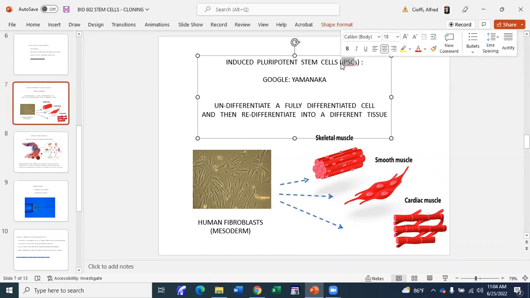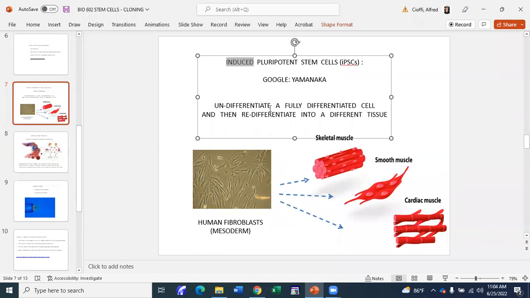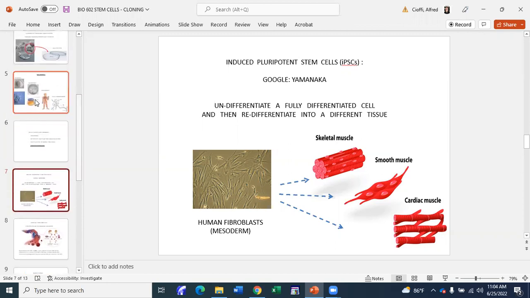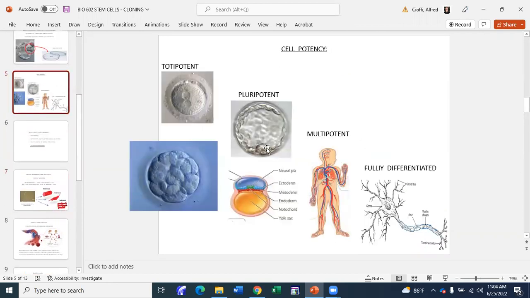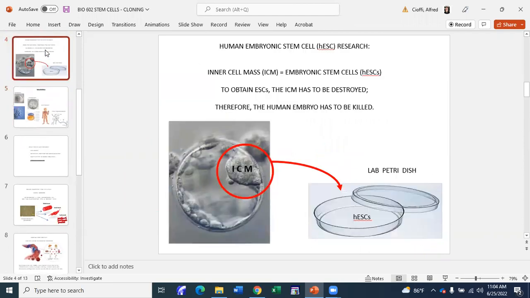The I stands for induced, and induced is a reference to the artificiality of the process of going backwards, the undifferentiating of the cells. But essentially, he was successful. He was able to generate pluripotent cells that were not obtained by destroying human blastocysts and had essentially the same quality as ICM cells. Now, I haven't really kept up with the research to date, but it's out there.